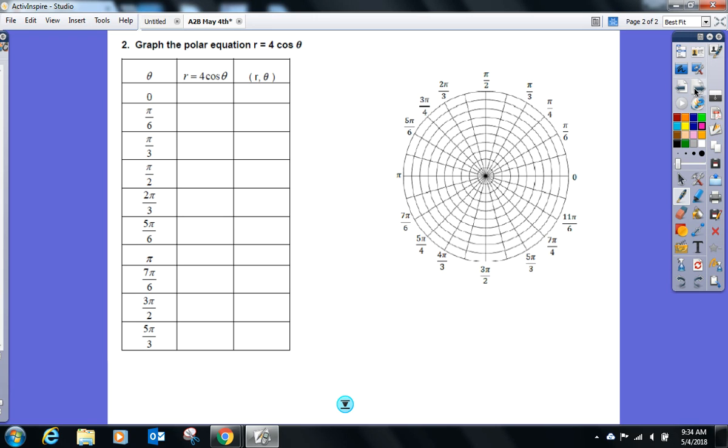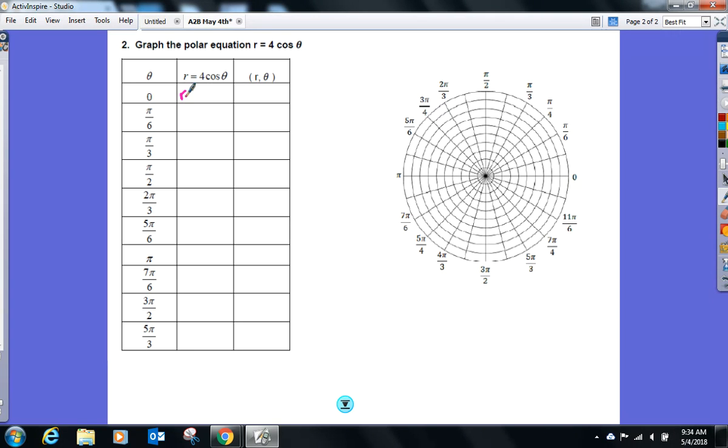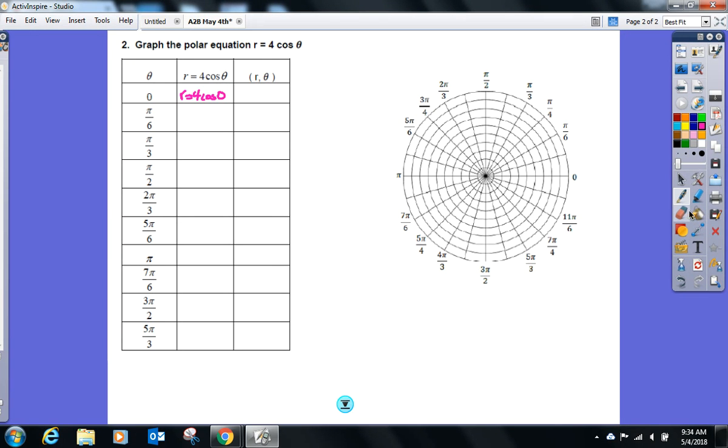We ready? So at 0, theta equals 0. We're graphing 4 cosine theta. So r will be 4 times the cosine of 0. Everyone, go ahead into your calculators right now, 4 cosine 0, and let me know what that r value is.